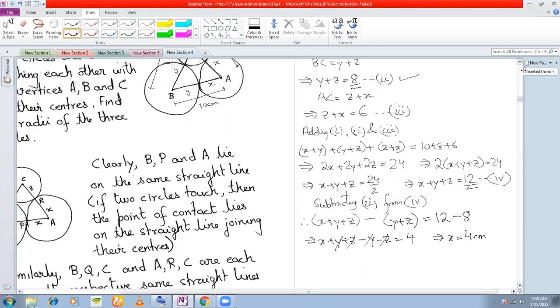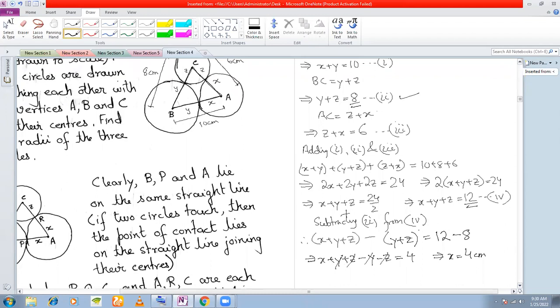See that when I wanted to solve for x, I subtracted 2 from 4, right? Now, if I want to get the value of y, from 4, which equation will I subtract? I'm going to subtract 3, right?